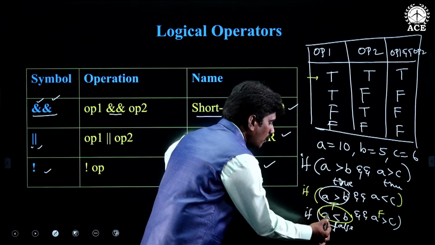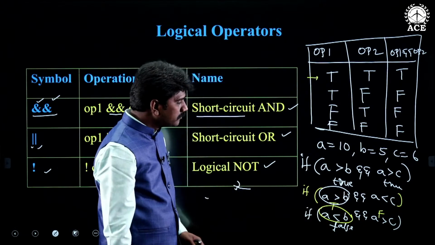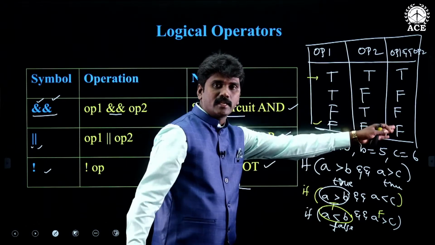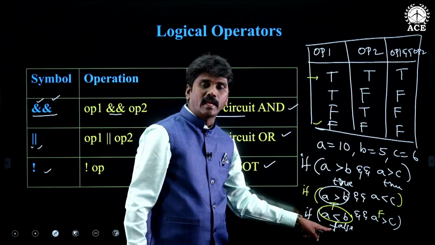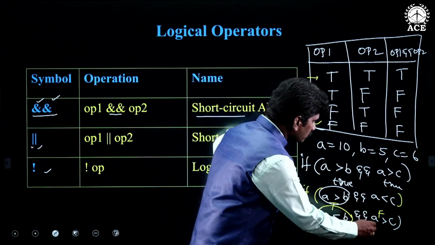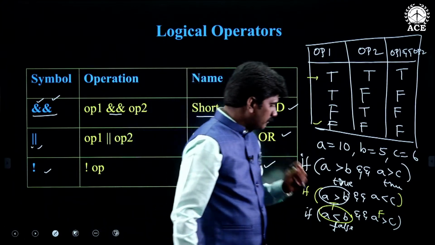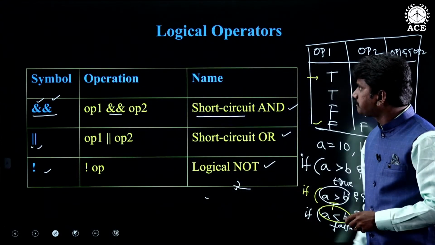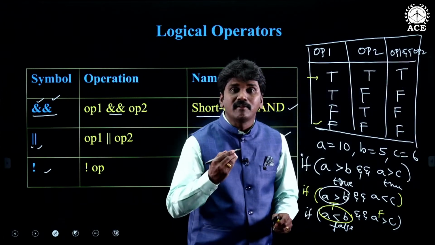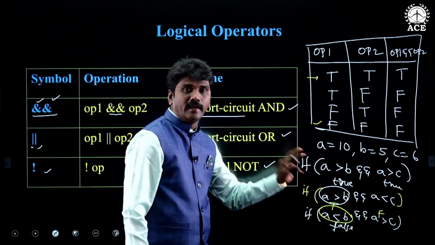The control will not go to the next condition because the first one is false. Even if both are false, the result is also false. So from here itself we can understand the result. Whether the second one is true or false, the control will not go to the next one. That's what the short circuit AND is.